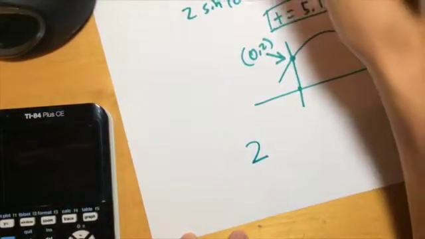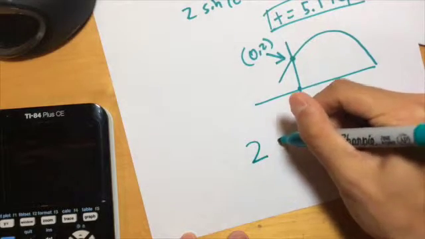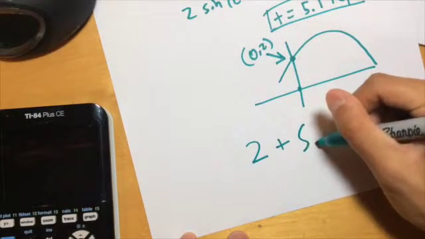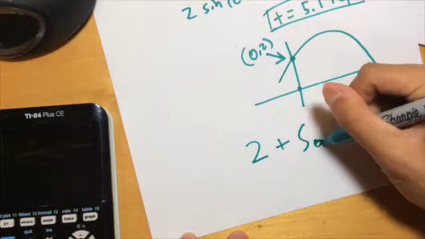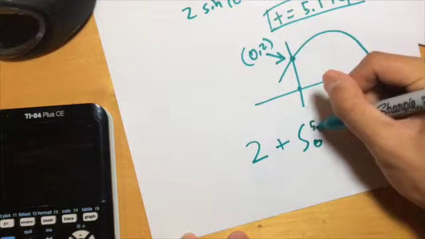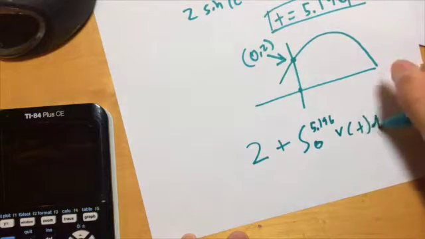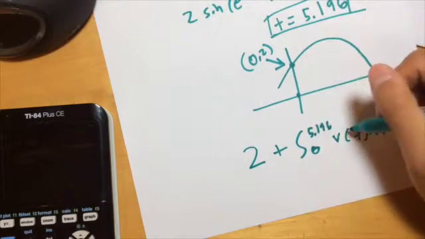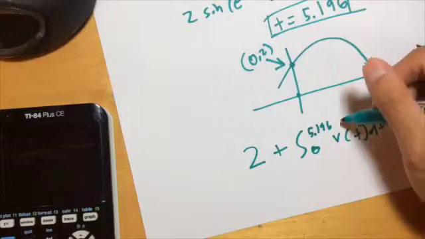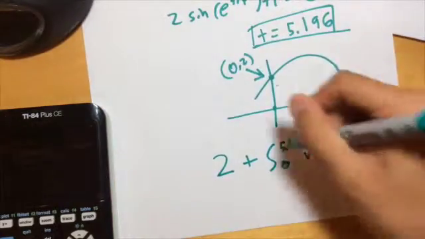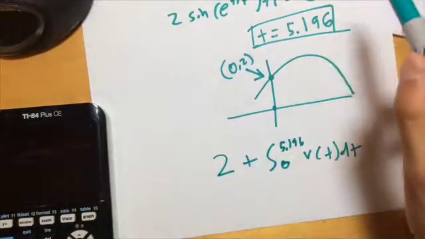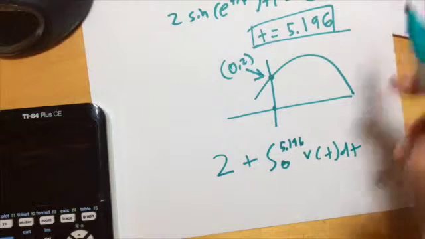When x is 0, y is 2. So you put 2 plus the distance traveled from 0 to 5.196. So this is the distance traveled from 0 to 5.196. And you're going to add this to 2 to find the position of the particle at that time.